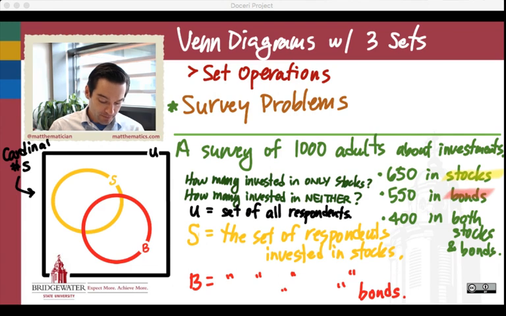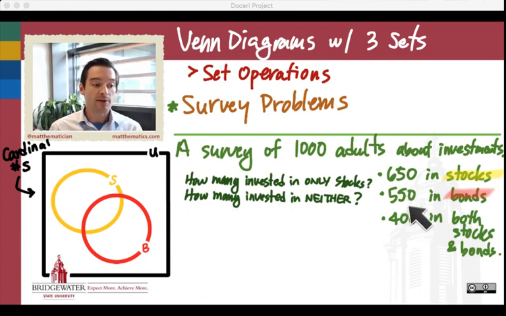Now, let's think about how we can use that information as strategically as possible. I'm going to clear out a little bit of space here so that we can write some stuff. So how do I use this information? Well, 650, since we defined S to be the number of people invested in stocks, all 650 of those people must be inside of this yellow circle. This circle in my Venn diagram, the region where the stock invested people reside.